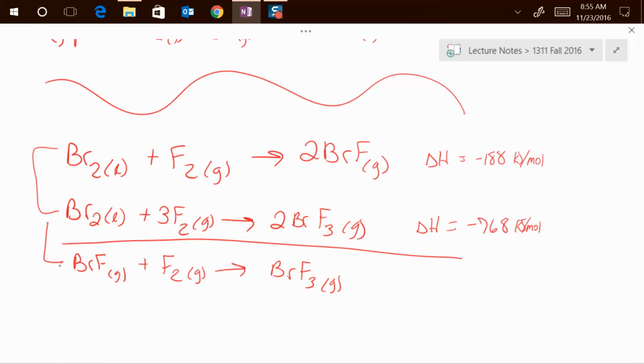Here we go. 3 divided by... and then here is use cancellary.